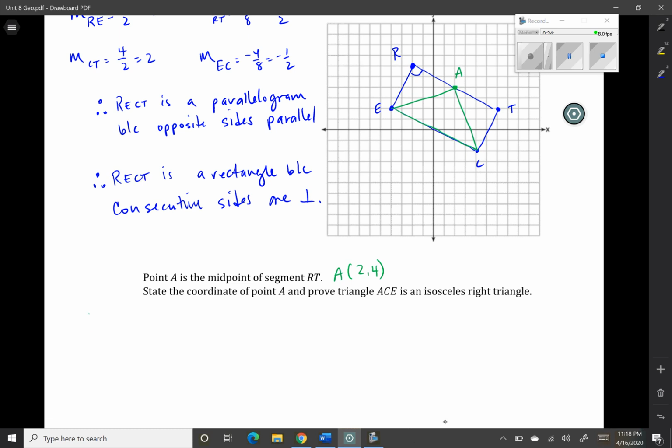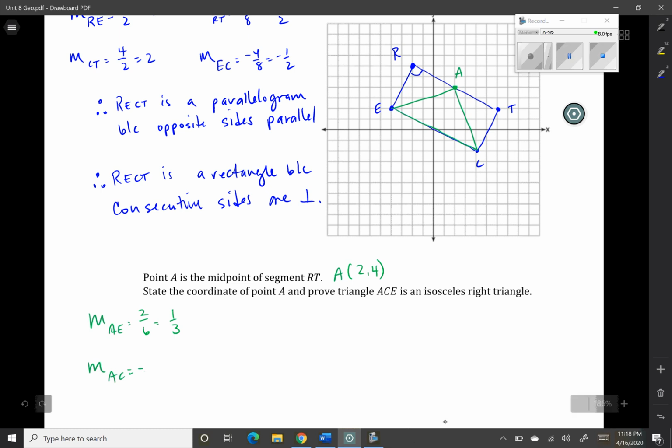So I need to find the slope of AE. The slope of AE is a positive sloped line. It goes up 2 to the right, 1, 2, 3, 4, 5, 6, so 2 over 6, which reduces to 1/3. And I need to find the slope of AC, which is going to go down 6, 1, 2, 3, 4, 5, 6, to the right 2.